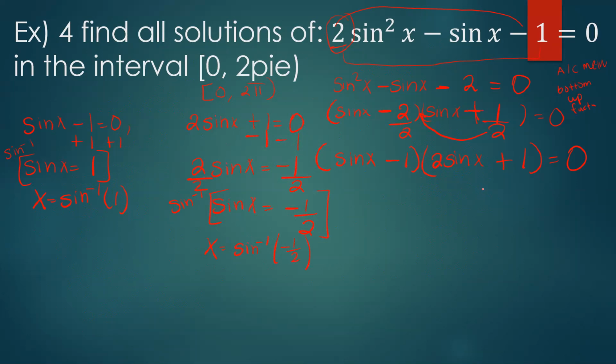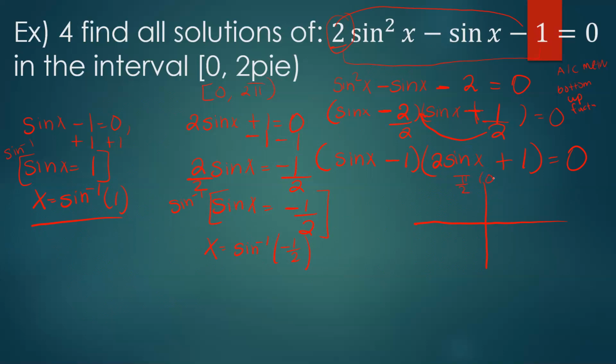So this is where you're going to need your unit circle. Let's start with this part. What degree in radians is going to give you a sine of positive 1? There's only one choice, that would be pi over 2, right?